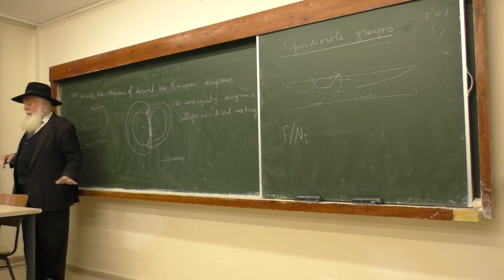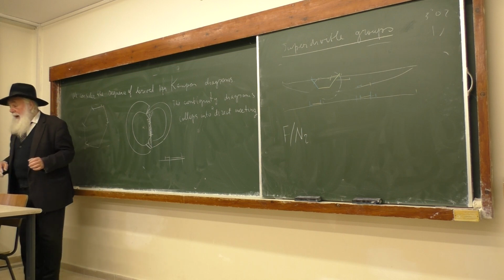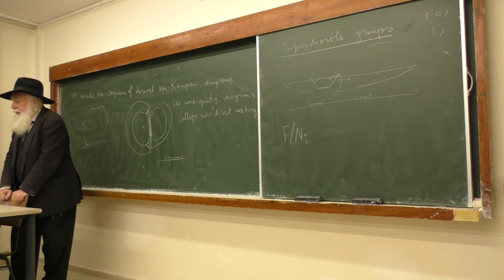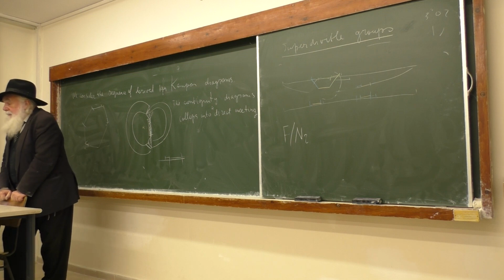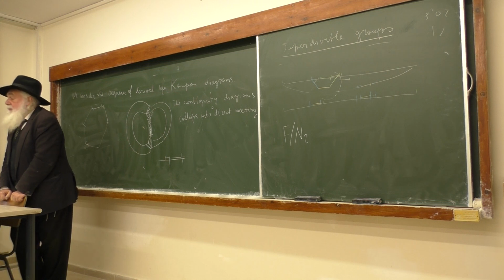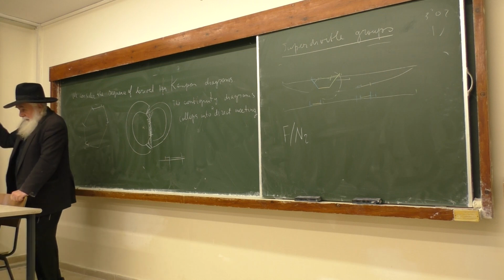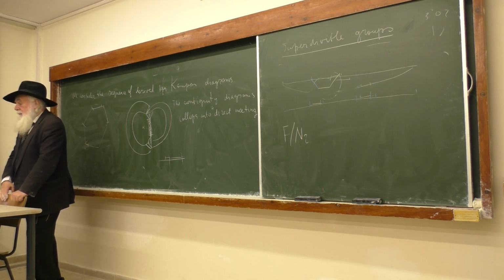So this, in short, shows the construction of this group, and the main part of it was when we consider the sequence of derived Van Kampen diagrams, because the contiguity diagrams collapse, so it is hyperbolic.